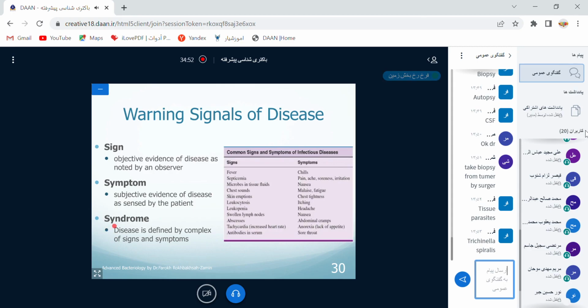Syndrome. Disease is defined by a complex of signs and symptoms. So the physician checks all signs and symptoms, and sometimes they are very complex, and some signs and some symptoms are common to different infectious diseases.